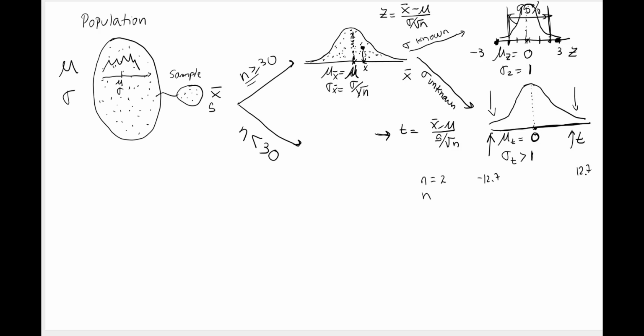When my sample size is 3, 95% of all t-values will be between -4.3 and +4.3. If we increase my sample size until 30, then 95% of all t-values will be between -2.04 and +2.04. Those values are very close to the values in the standard normal distribution. 95% will be within -2 and +2 z-score.